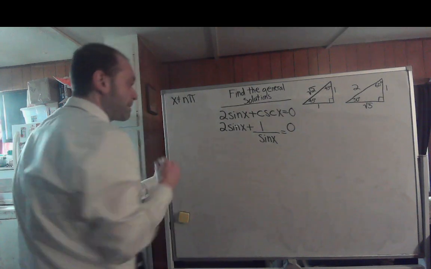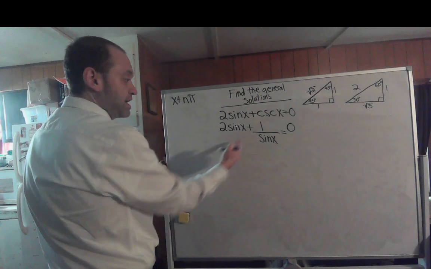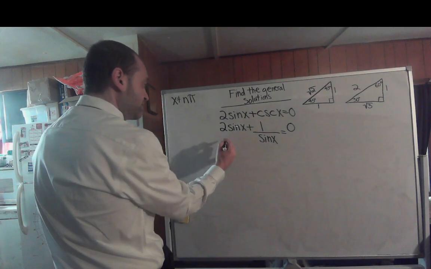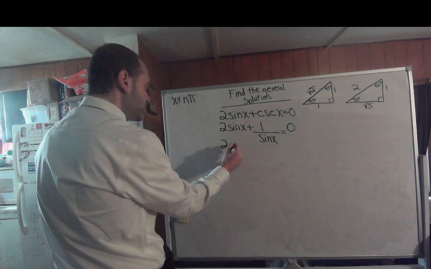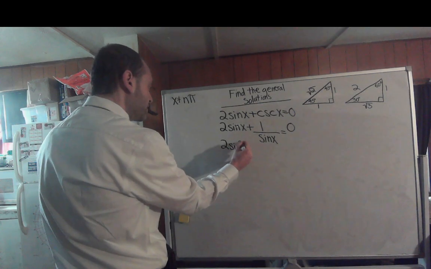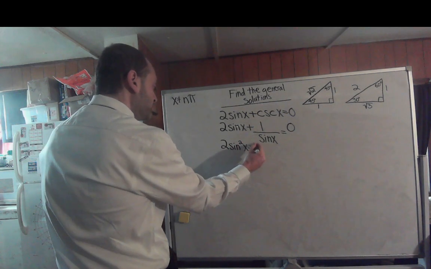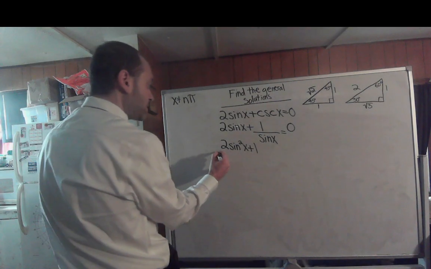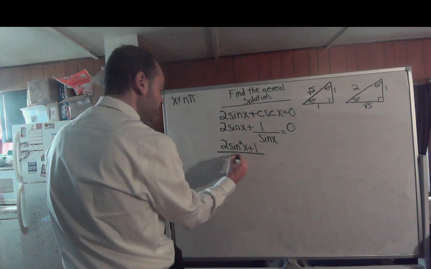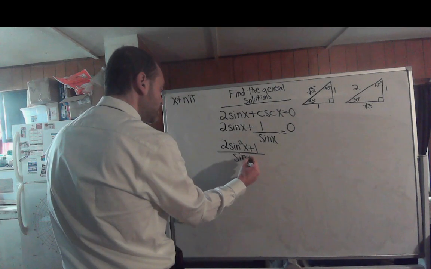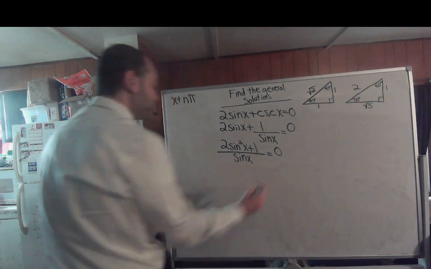Okay, so you want to get a common denominator, which would be sine of x. So this would end up becoming 2 sine squared of x plus 1 all over the sine of x equals 0.